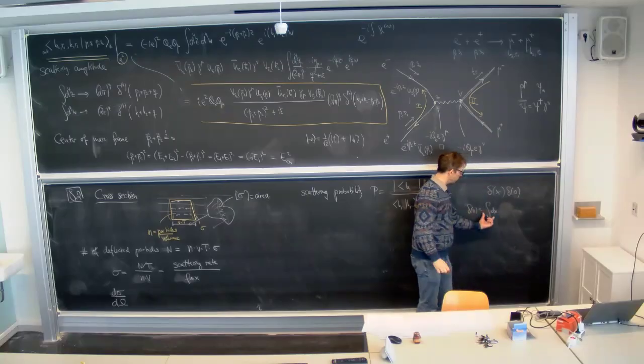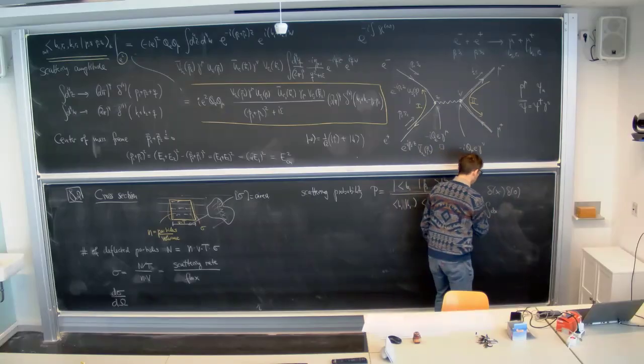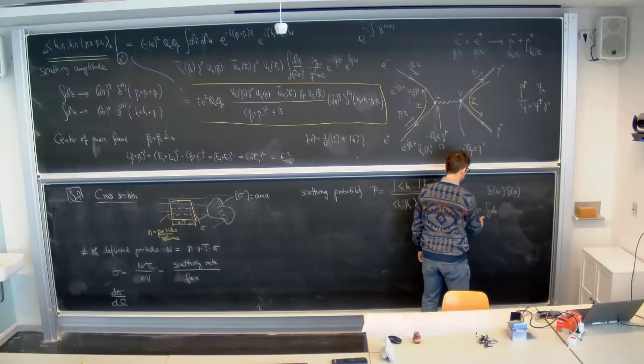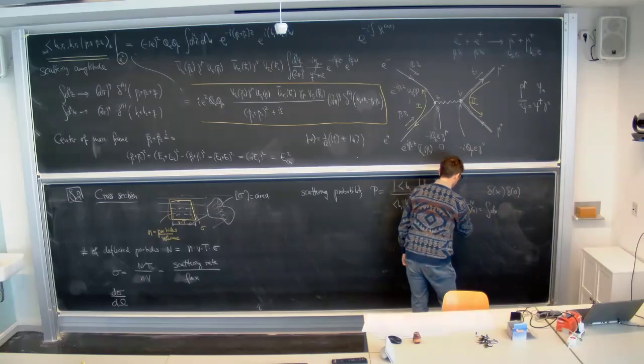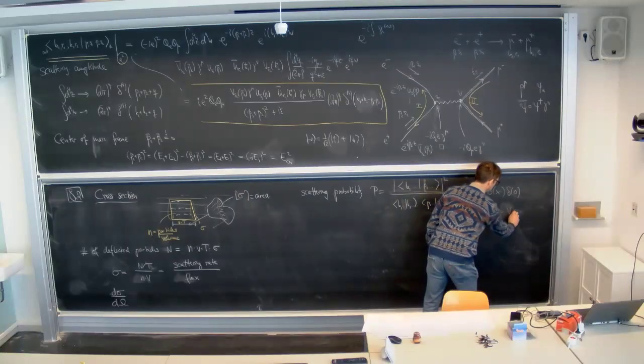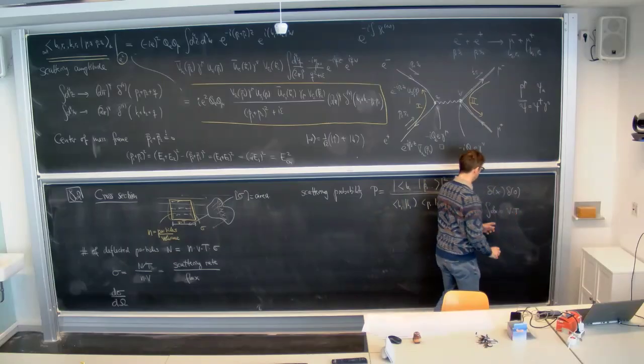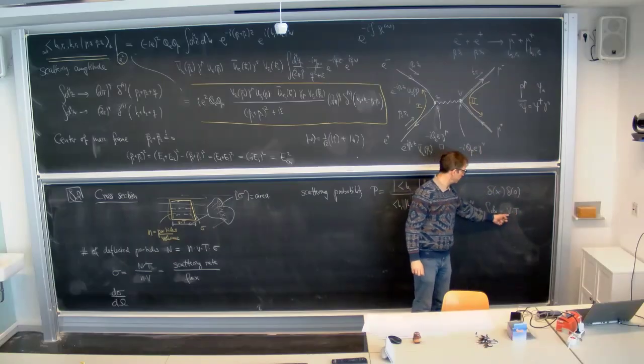So this delta of 0 is the integral over all of space. And if it's a 4-dimensional one, it's really all of space-time. And then there's a factor of 2 pi to the 4. So this is the entire volume of your space and time.